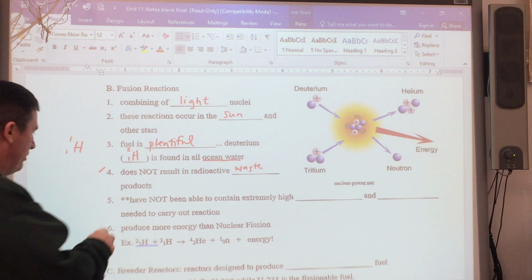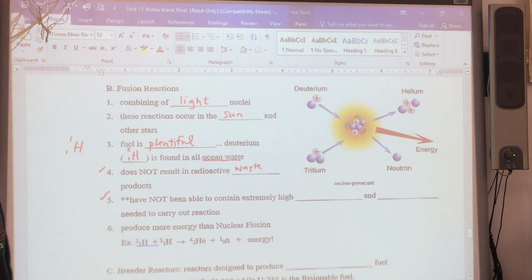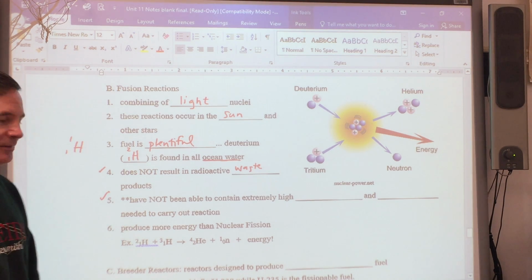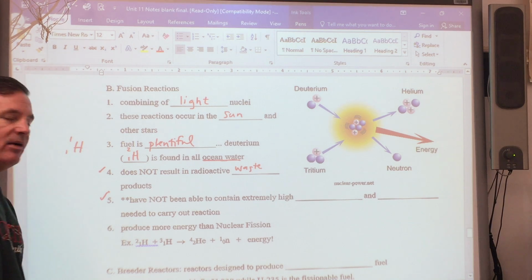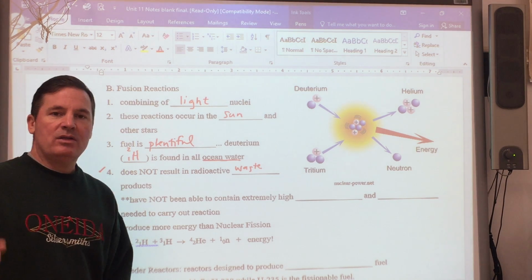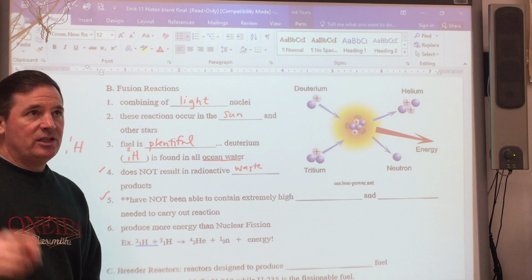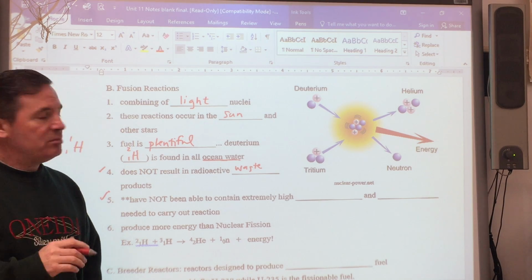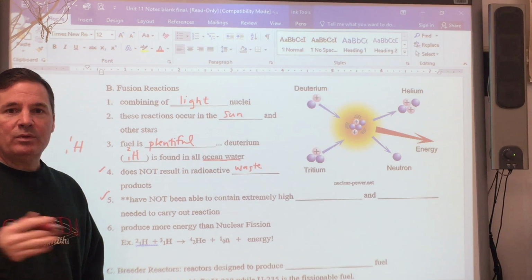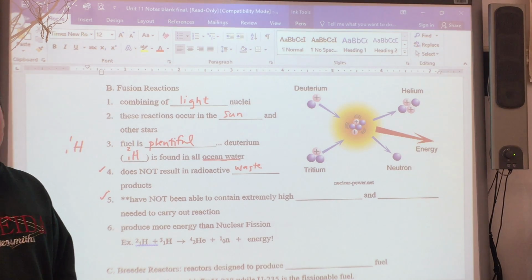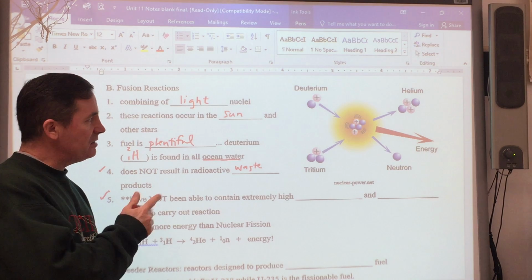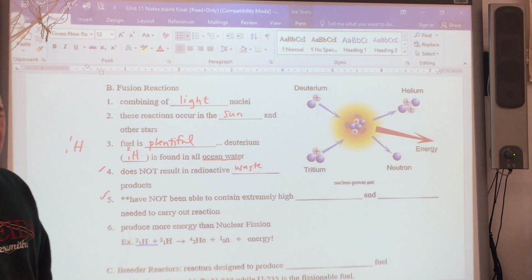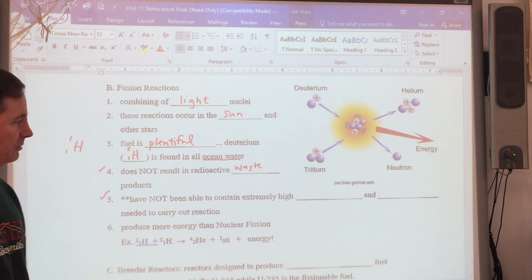Here's the challenge, though. We haven't gotten it to work. The idea is there, and they have spent huge amounts of money to try to get this to work, because once it does work, we won't need fossil fuels, wind, nothing. We won't need anything except this, because it will generate so much energy.